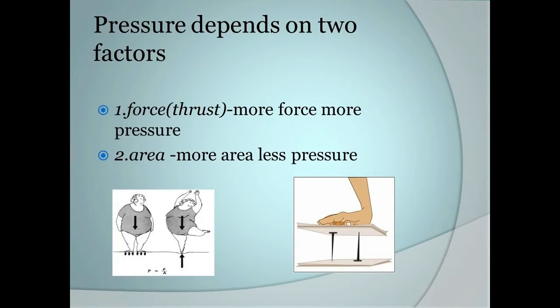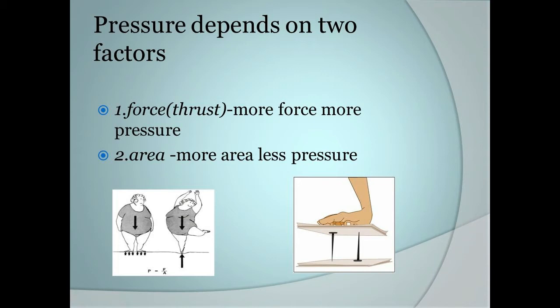Solid pressure defines the amount of force exerted per area. Solid pressure's formula is Pascal equals Newton divided by meter squared. Pressure change is related to two things, force and area. When the force is fixed, if the area increases, the pressure decreases.